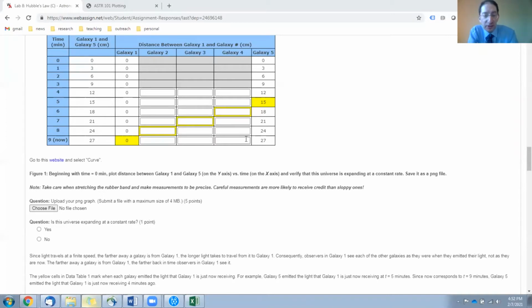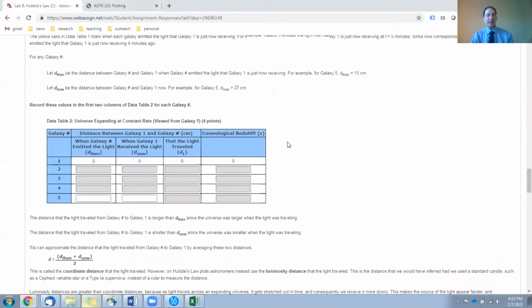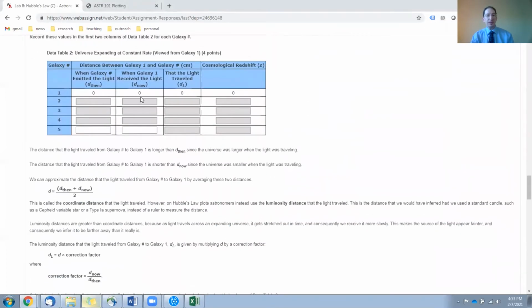And that's, of course, greater. So we call these D then for the yellow boxes and D now for the bottom row. And what you're going to do is take these values and copy them into this table here. The D then values from the yellow boxes, put in the first column, the D now values from the bottom row, put in the second column.